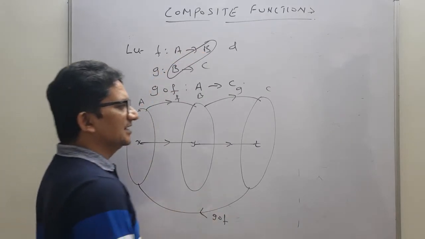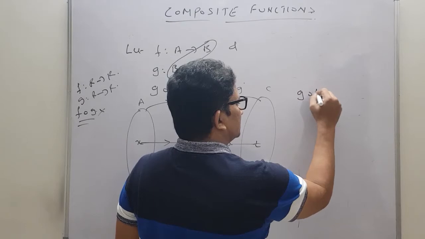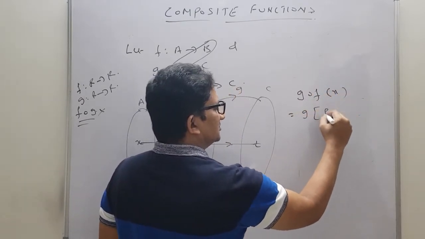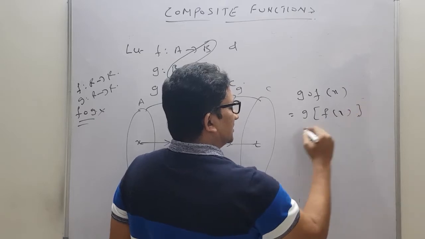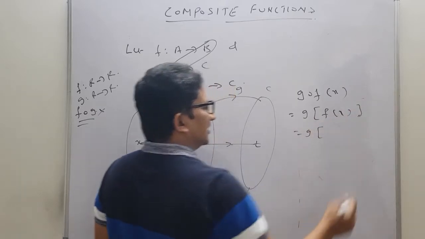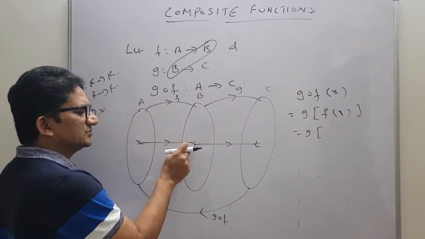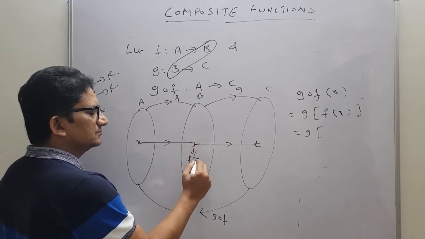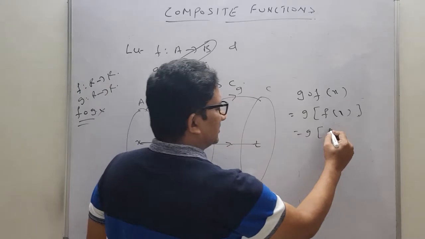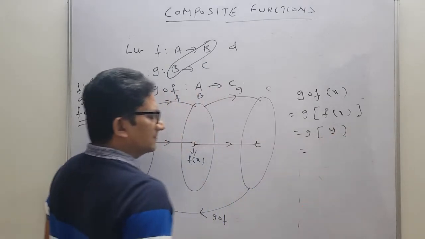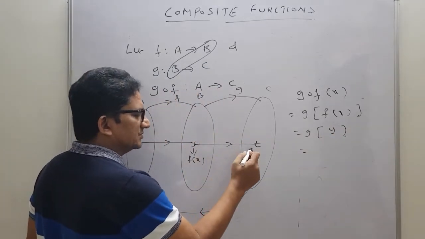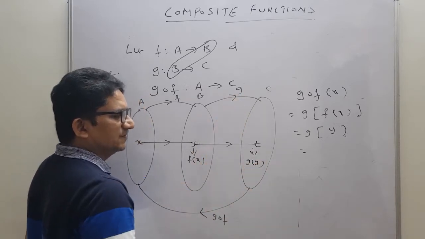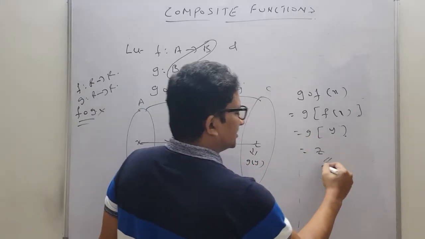From this we can write like this. g circle f of x, we can write as g of f of x. Here x maps to this one, which is f of x actually. So the f of x value we can write as y. And here y maps to this one, which is g of y, the output of this function g. Now g of y we can write as z.